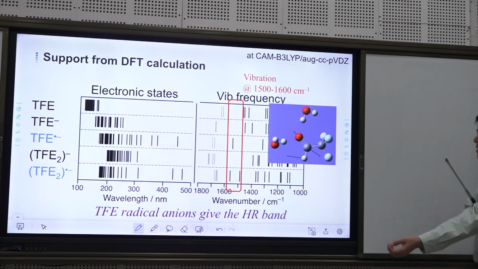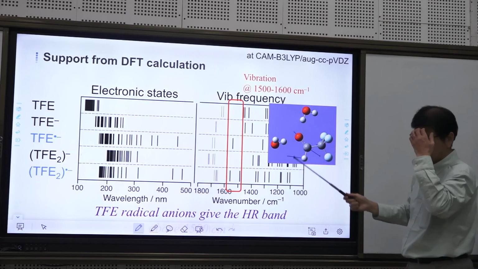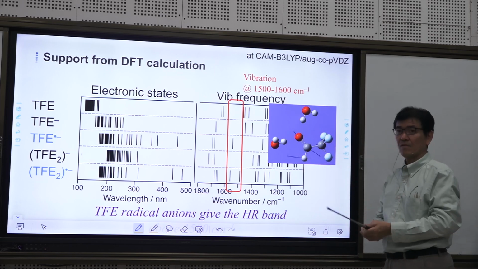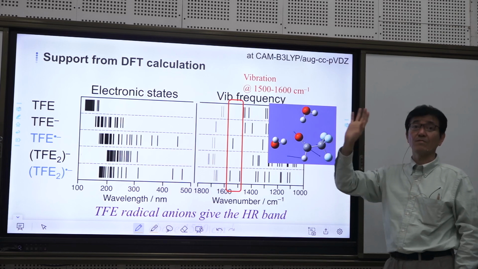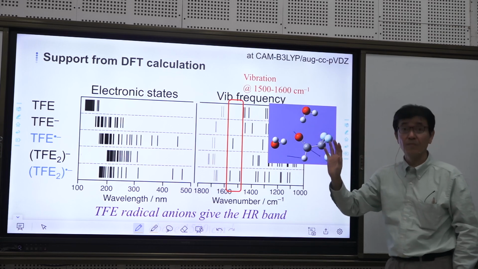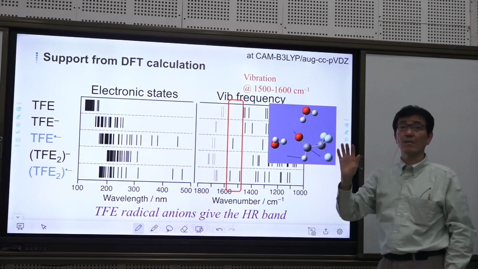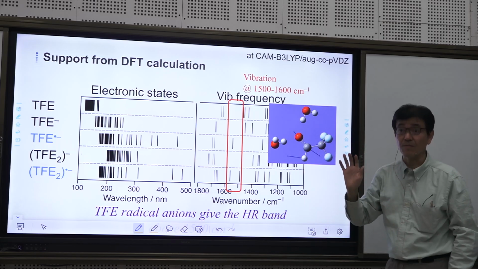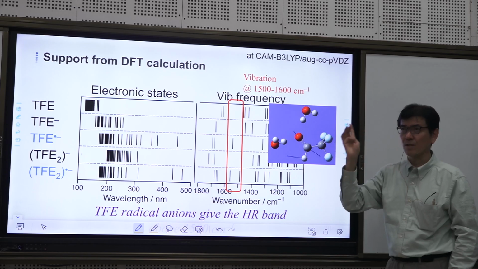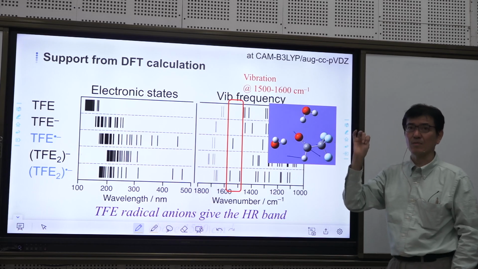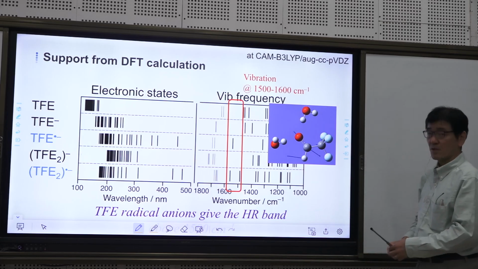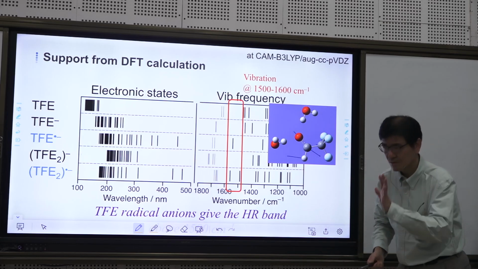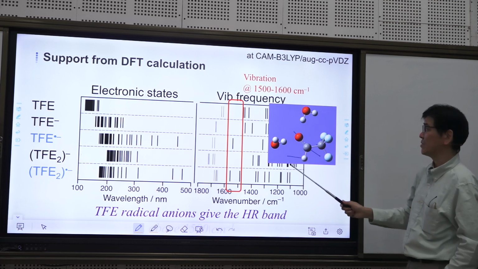And here, let's see the vibration frequency. First, I felt this result was curious because the peak appeared above 1500 wave number, where only a limited number of functional groups give a peak: NO2, NH3 plus, or C double bond, CO double bond, and so on. It was impossible for glucose to give a peak in this region.